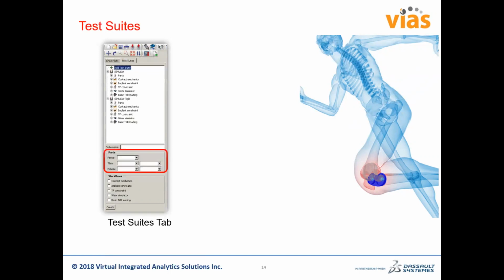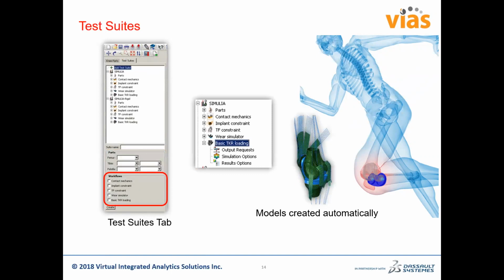For example, if you are doing anything but basic TKR loading, then you don't need the patella part. And then the next thing, of course, is to determine what workflow you want to do on the implant design which you have. Once you click on the create button on the left side, the entire setup of the model is done by AKS automatically.